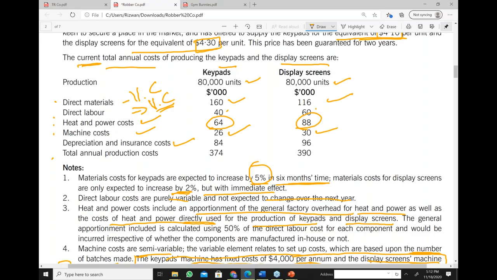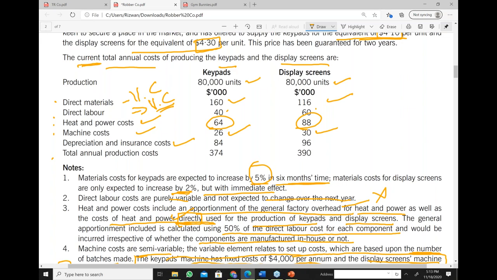So this one is not relevant, whereas directly attributable is relevant. I'm sure you will agree with me, right? The general apportionment included is calculated using 50% of direct labor costs for each component and would be incurred irrespective of whether components are manufactured in-house or not. Now, this is the clarity I'm talking about.